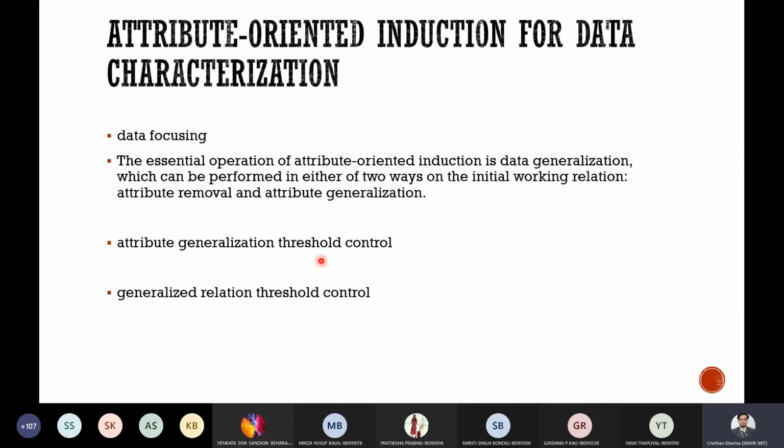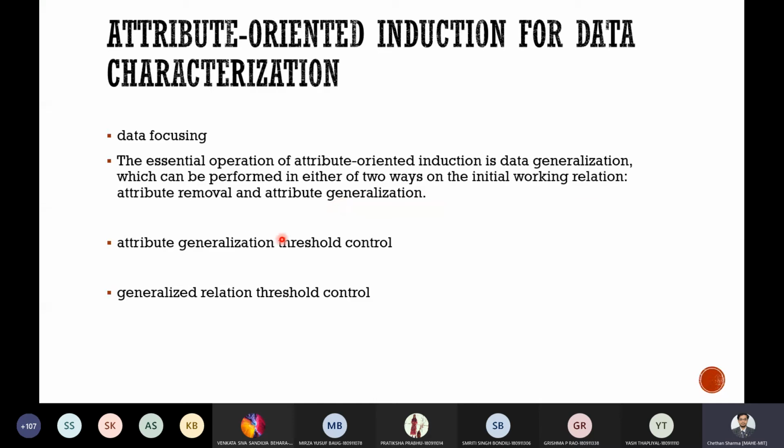You can choose any one of these. If the number of distinct values in an attribute is greater than the threshold which you have specified, then attribute removal or attribute generalization should be performed.